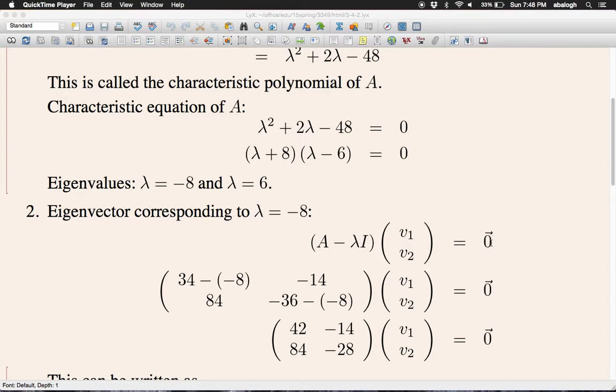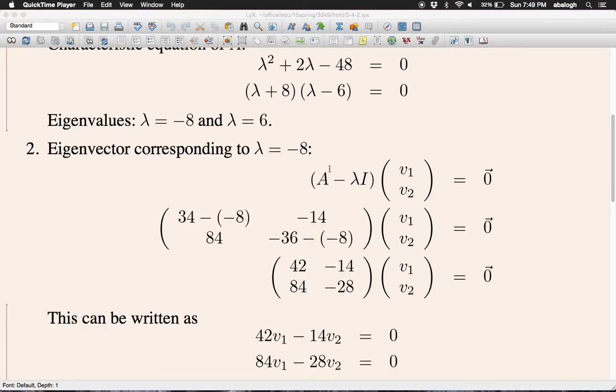If we take this equation A minus lambda I times V vector written as a 2-component V1 and V2, and we substitute now the eigenvalue lambda equals minus 8, this matrix A minus lambda I will have this form where you subtract the now known eigenvalue minus 8 from the diagonal entries.